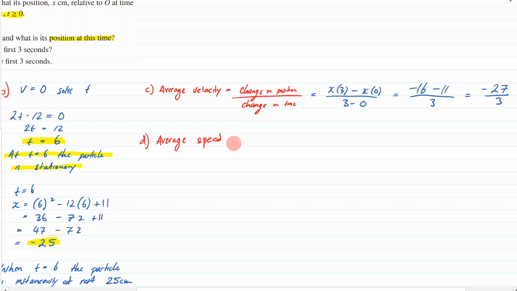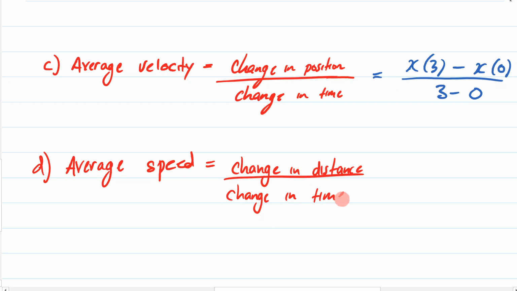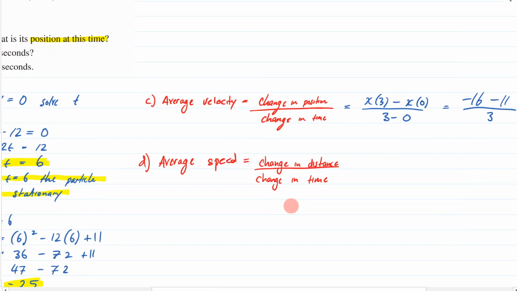Now the average speed is the change in distance over change in time. So what we need to figure out to answer this question is what is the total distance traveled? So not the difference in the position, but the change in the distance.